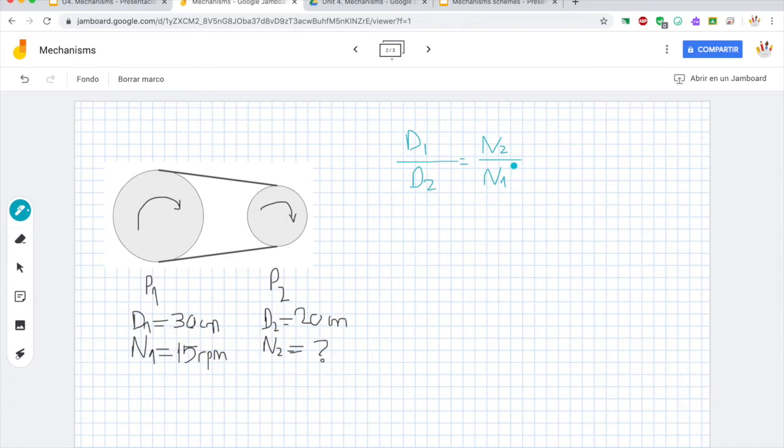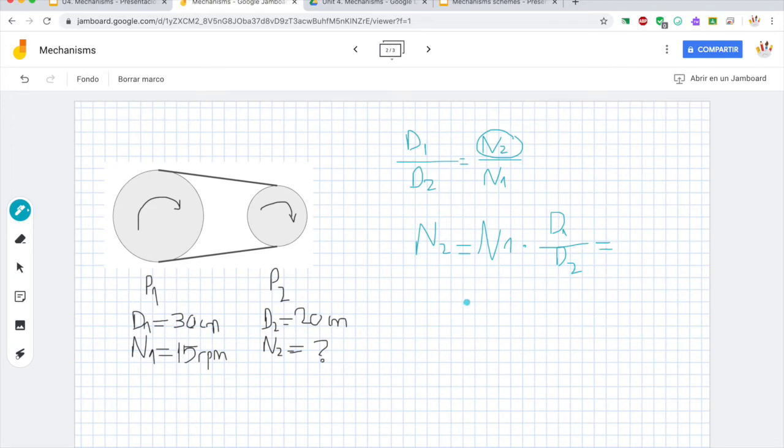And we want to know N2, this one. So we take it out. N2 is equal to N1 times D1 divided by D2.